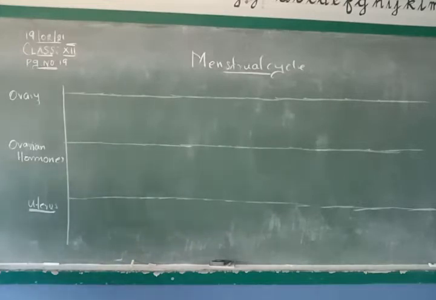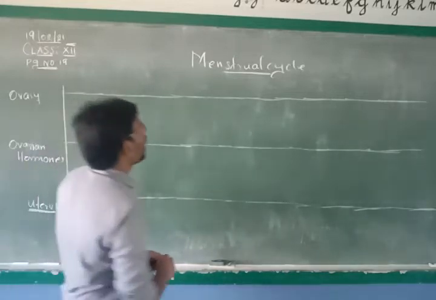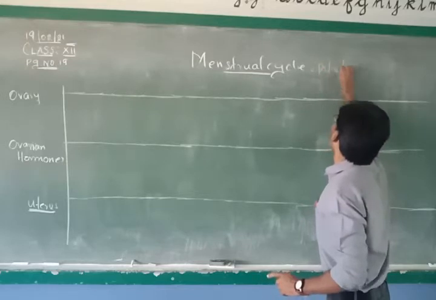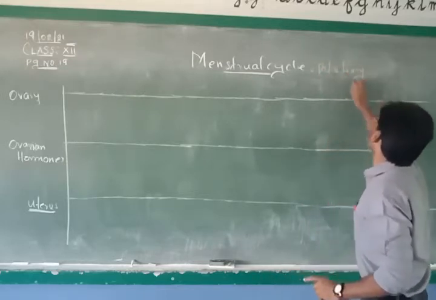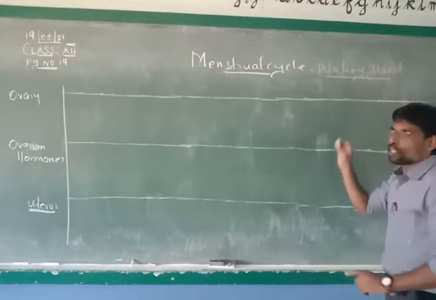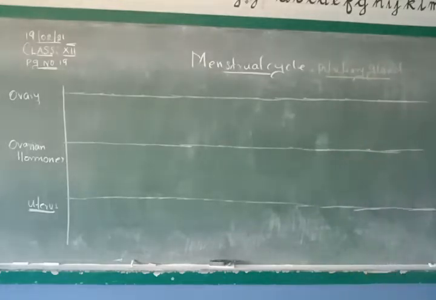Now, the entire menstrual cycle works in the presence of these hormones. So in the menstrual cycle, what is more important is the level of hormones. And all these hormones are under the control of a gland called the pituitary gland. We have already studied this in 11th standard. The pituitary gland is called the master gland, which has two parts.